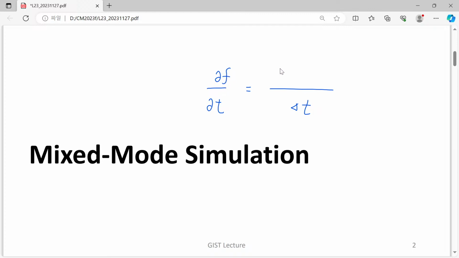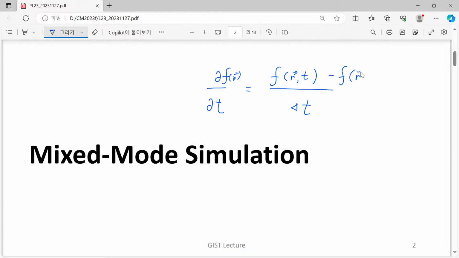If we have f of a certain position r, then the position is fixed and only the time variable is changed, and this time difference delta t can be used to control the quality of your time derivative.